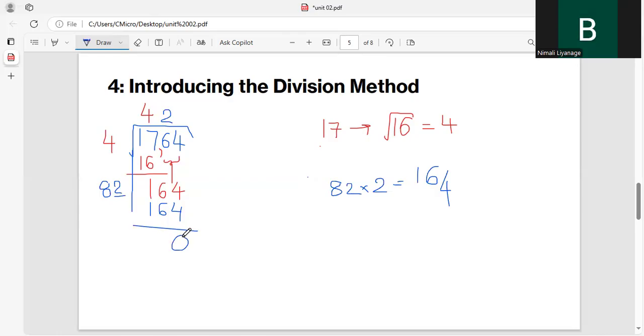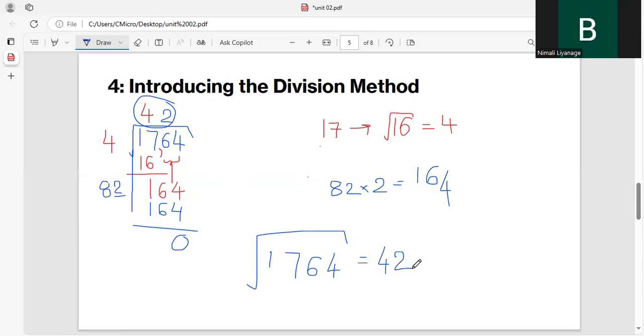Yeah, no difference. So what is the square root of 1764? It is equal to 42. This is the answer. I think you got this one. So the square root of 1764 is 42.